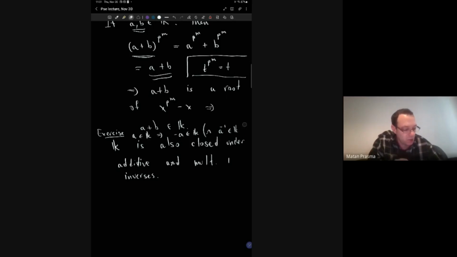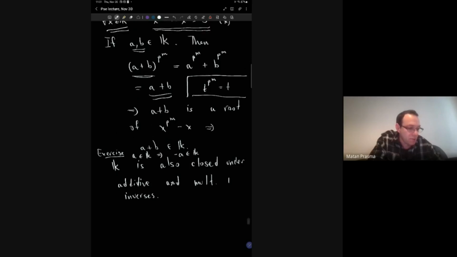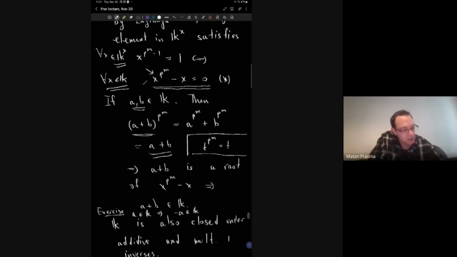The way to show that additive inverses are also in K is that the additive inverse would also be a root of this polynomial. So it must be in K.